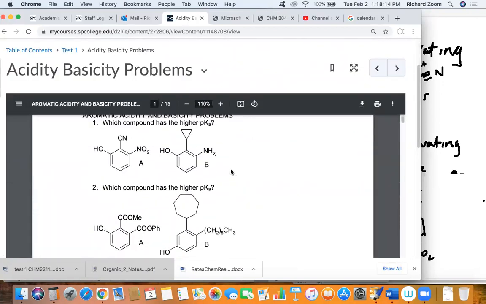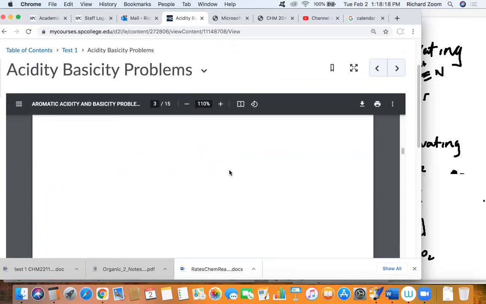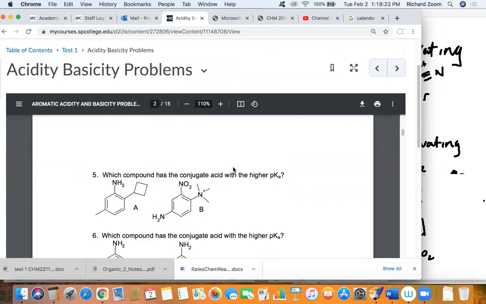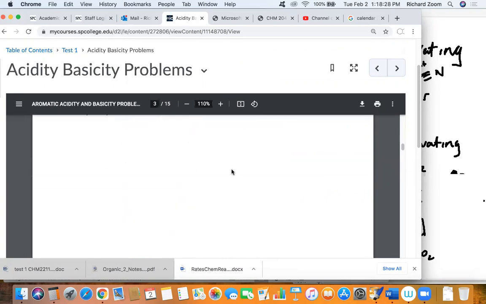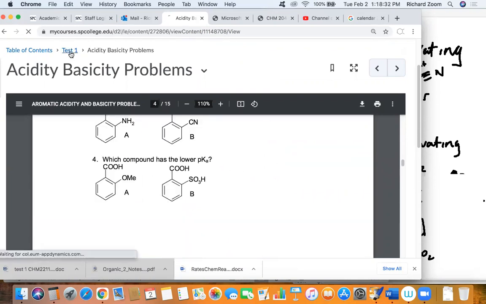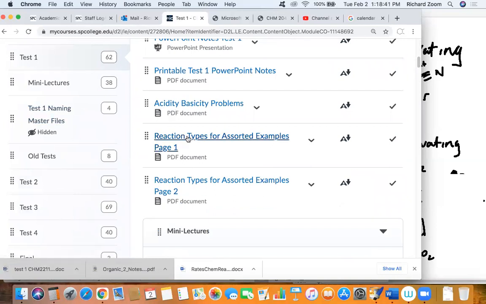That can be helpful too, and there are answers to this as well, at least with regard to being able to figure out what's more acidic and less acidic, etc. Okay, so that's a resource for you to look at. Let's look at the quiz here though.